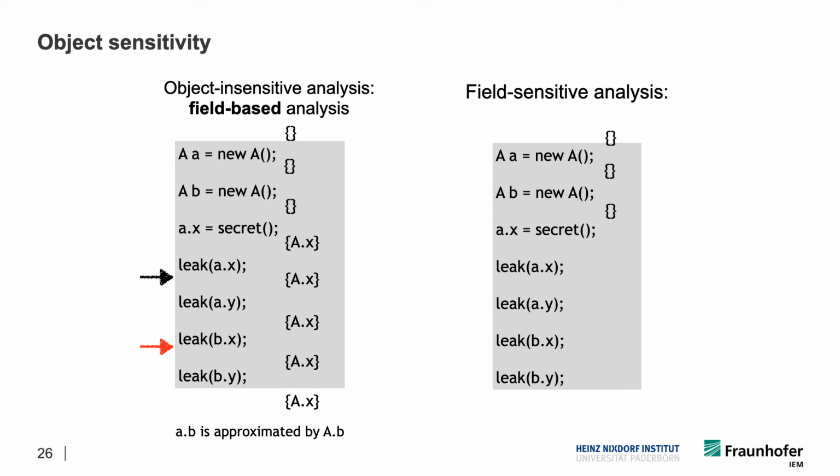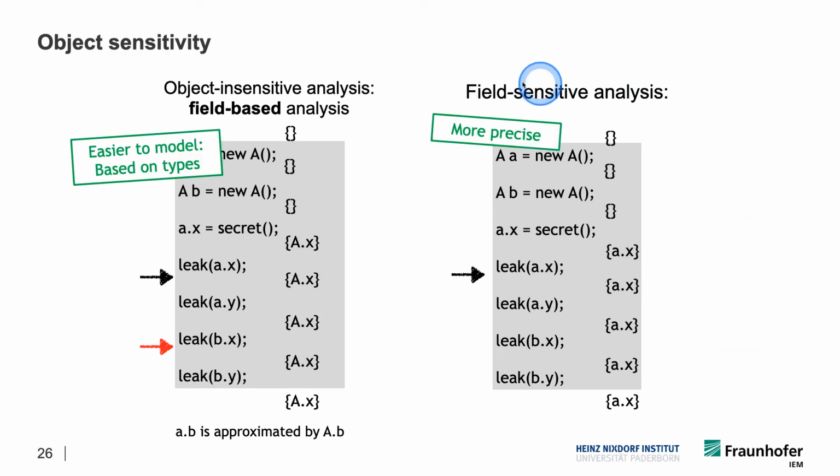Now, we could instead have a field-sensitive analysis where we model each such access path by itself. So we keep variable information. That means here we are actually tainting small a.x, and it's kept that way. And now we know that we leak information here, but we don't leak it at b.x. So we have a more precise representation here. But this here is actually easier or simpler to model, right?